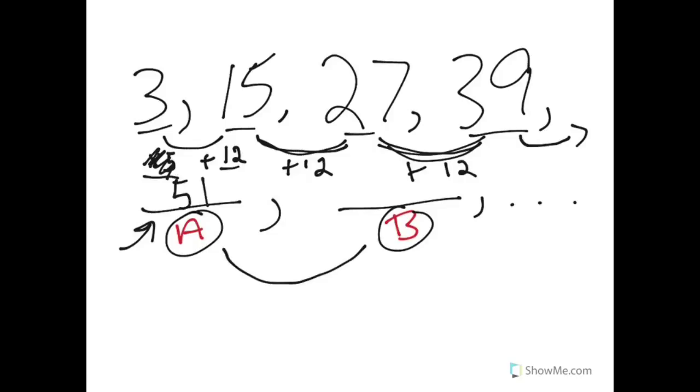And I know that from 51, which is our answer for blank A, to blank B is also going to be plus 12, because this is an arithmetic sequence. It's adding by the same number each time. So 51 plus 12 gives us 63. We're good to go. A is 51, B is 63. Let's keep going.